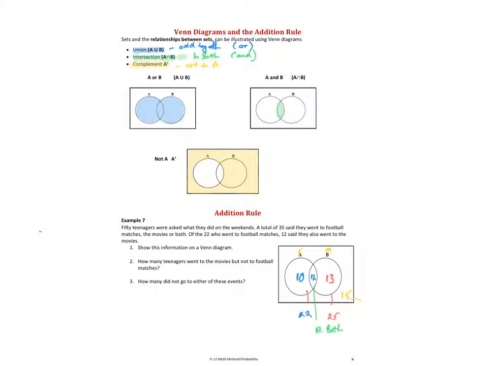And obviously our 15 did none. So there's our information on the Venn diagram. How many teenagers went to movies but not the football? Well, you can see there that's 13. How many did not go to either of these events? Well, we've discussed that. There's the 15 people that didn't do either.